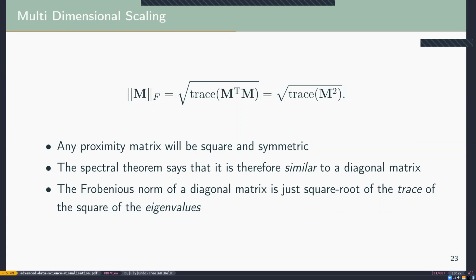So what would the Frobenius norm be of a diagonal matrix? It's super simple: I just square each term on the diagonal because everything else is 0, and sum them up. That is the trace. So for a diagonal matrix, the Frobenius norm is the trace of the squared elements, with the square root on the outside.